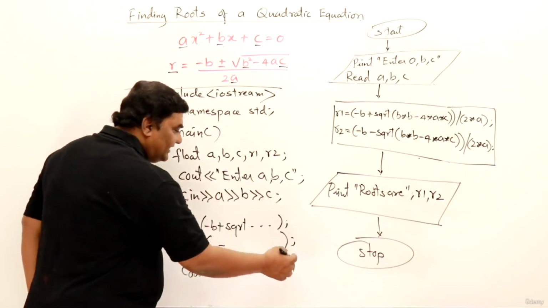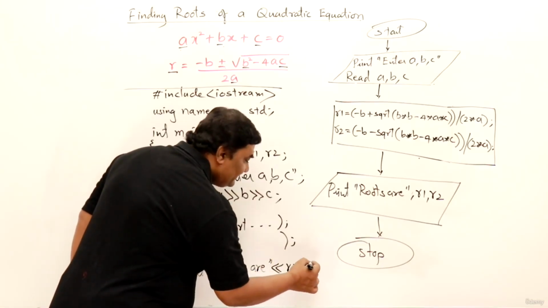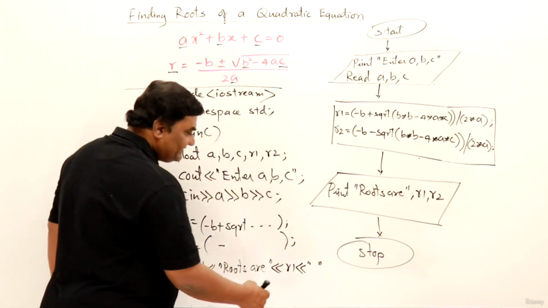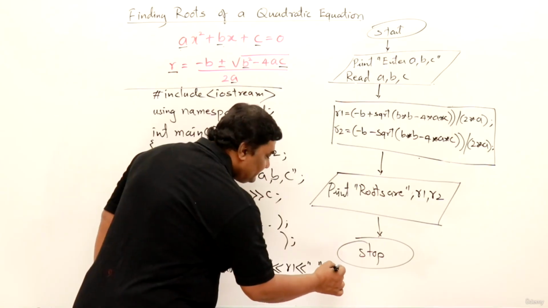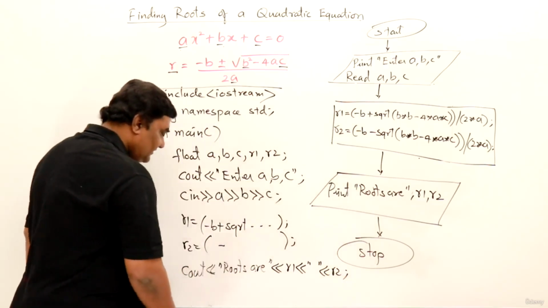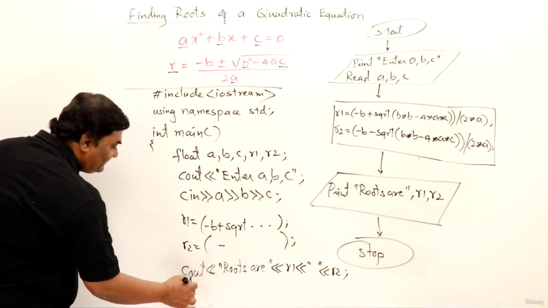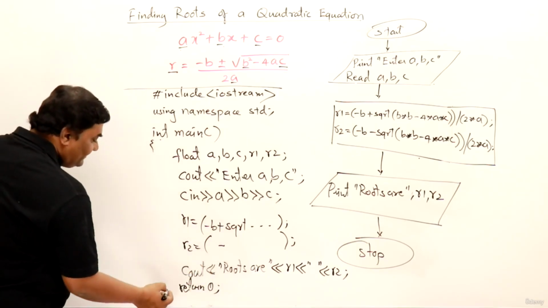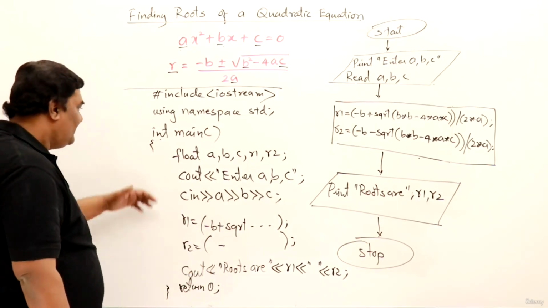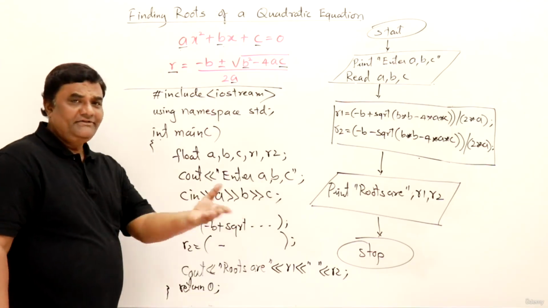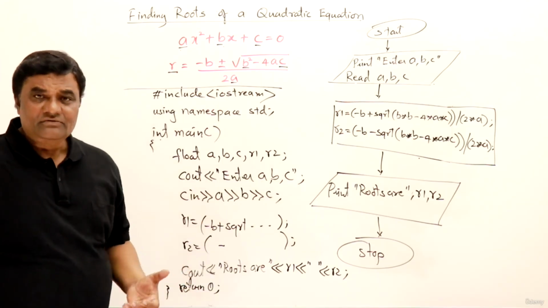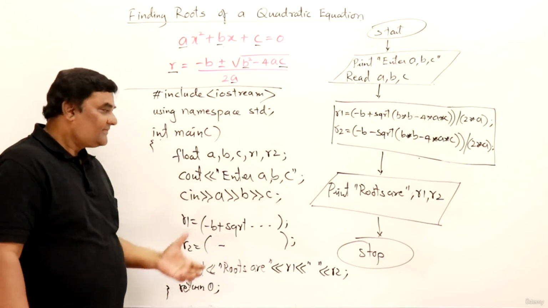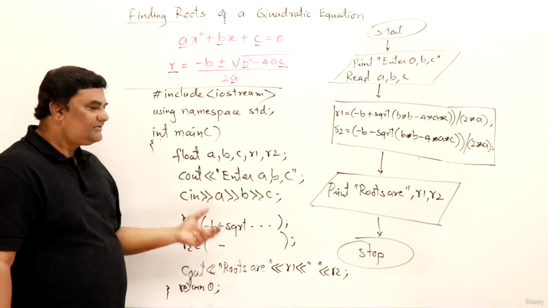So roots are, then for the space just give quotes with a blank space, then give R2. That's it. And the last thing is return 0. Because we have written int here, so return 0. It's like a formality. Later we will learn what return 0 really means in later videos. So that's all. This is the C++ program.